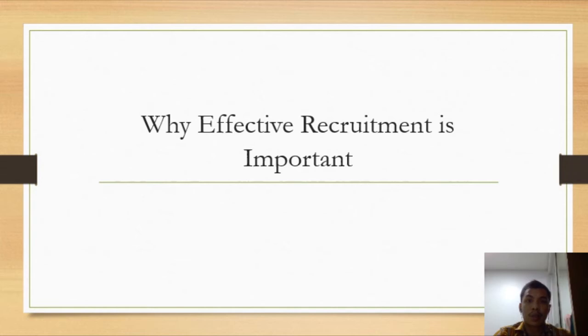For assessing which source is the best, most employers look at how many applicants the source generates. However, quantity doesn't necessarily mean quality.